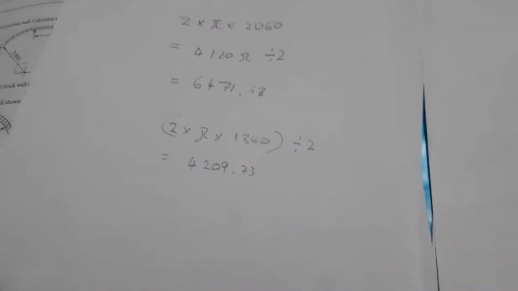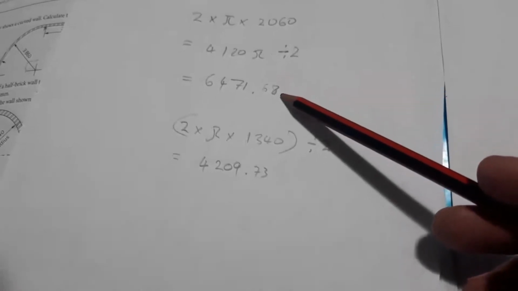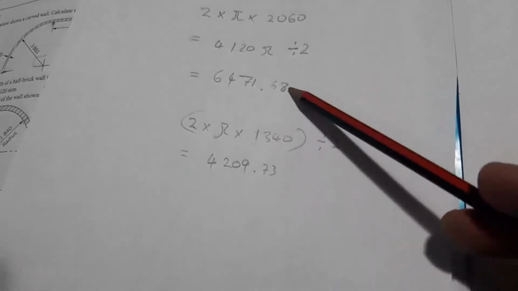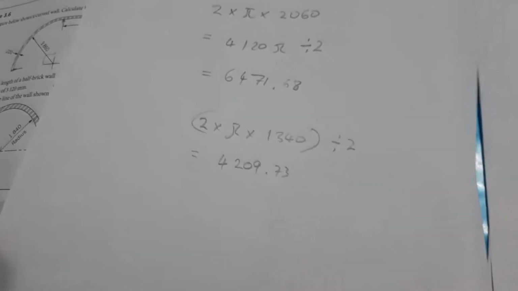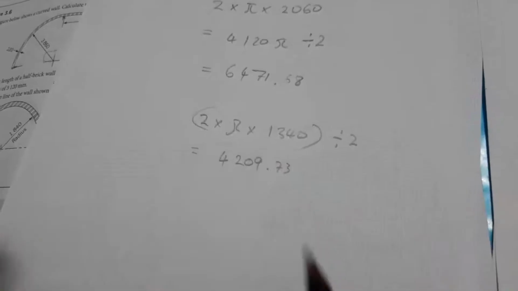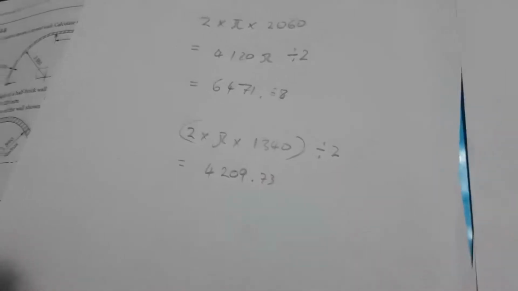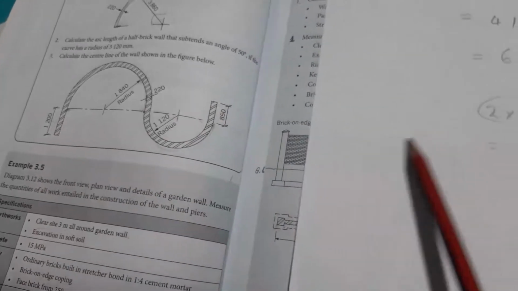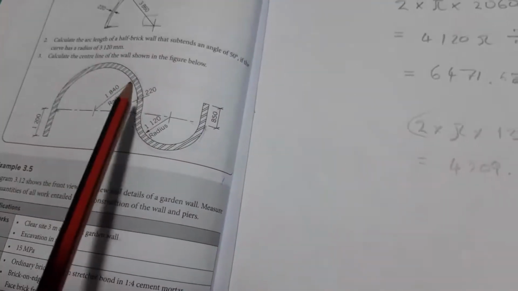Then after that, you'll have to add the 2 lengths of the semicircular curves plus the 2 known lengths to give you the center line of the curved wall.